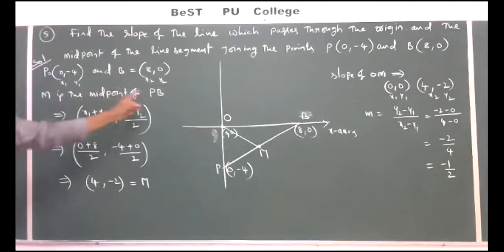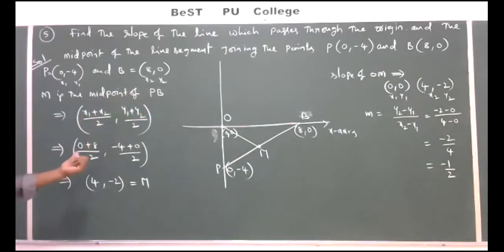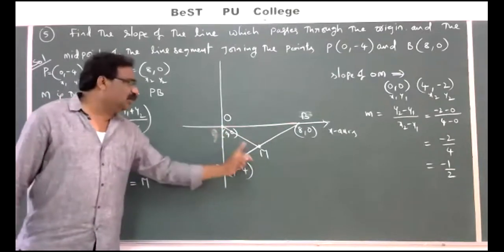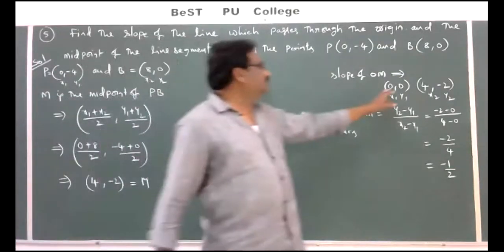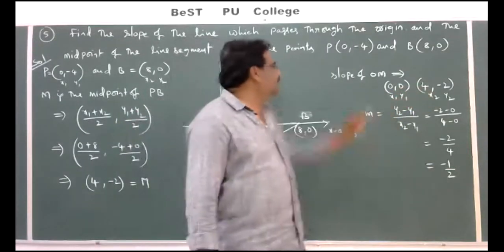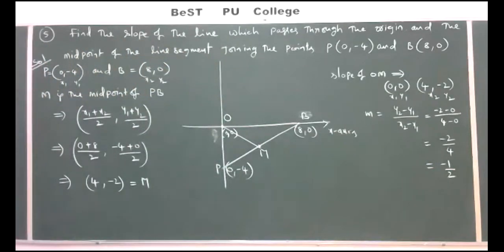M is the midpoint of PB. So you know the midpoint formula, (x1 plus x2) by 2 comma (y1 plus y2) by 2. Apply this formula for these two points. You get the midpoint M equal to (4, -2). So we require the slope of OM. O is the origin (0, 0) and M is (4, -2). Slope of OM is (y2 minus y1) by (x2 minus x1). Apply the formula. You get -2 by 4, that is -1 by 2. That is the required slope of OM.